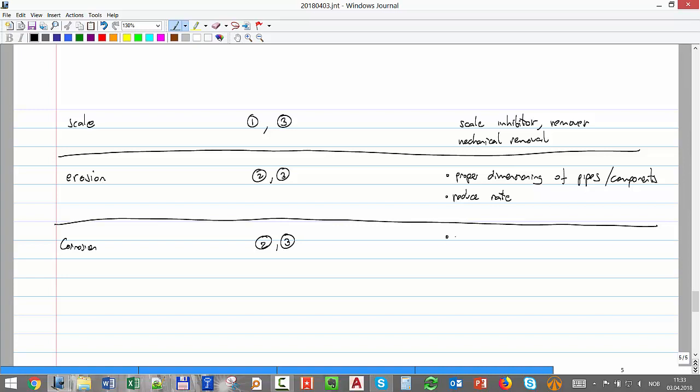Material selection. We are looking already at the pattern, right? We're just like doctors. We like to give pills for everything, okay? Corrosion, and we have proper material selection, and we have also corrosion inhibitor. Okay, that they act different ways.